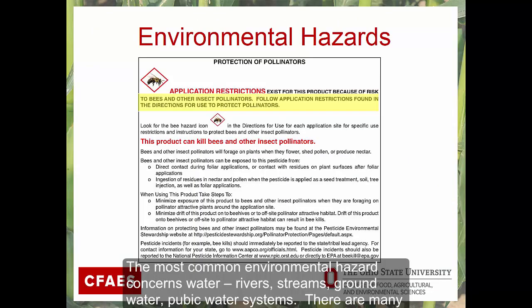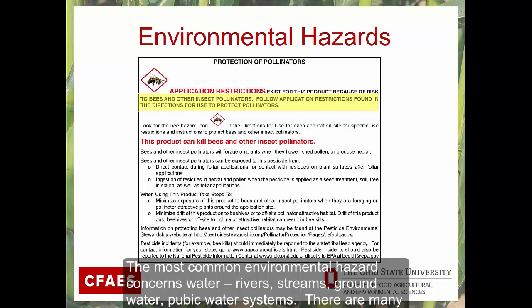The next part I want to talk about are the environmental hazards, a very important part of the pesticide label to read and understand. Probably the most common environmental hazard concerns water. Pesticides can get into rivers, streams. This is an example of surface water.